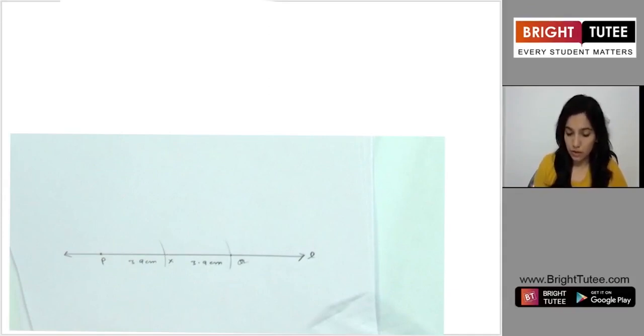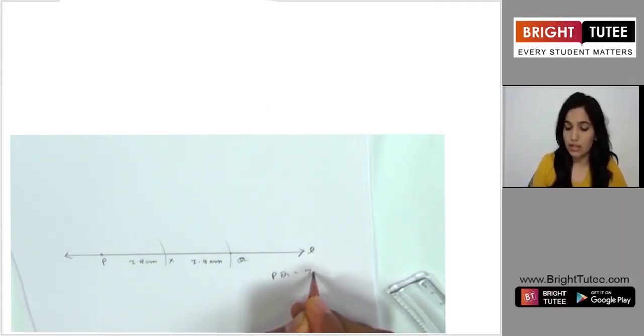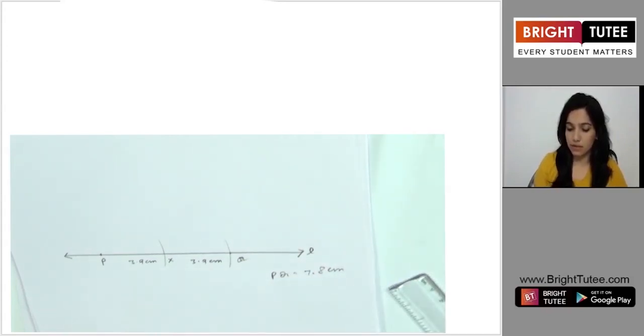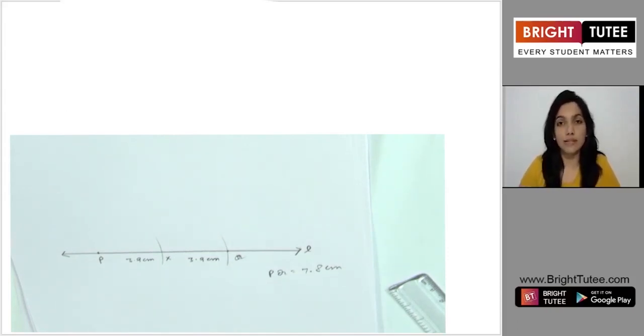Because we were asked to draw PQ such that it is twice of the line segment AB. And what is twice of 3.9? It is 7.8 centimeters. So what is the final length of PQ? We have got PQ is equal to 7.8 centimeters. I hope this is clear.